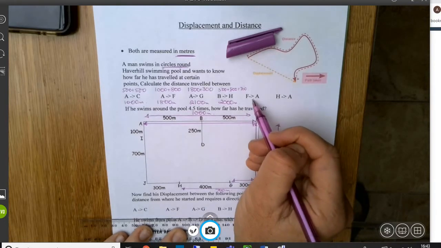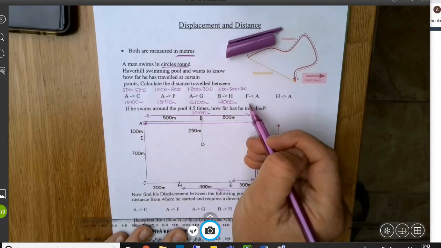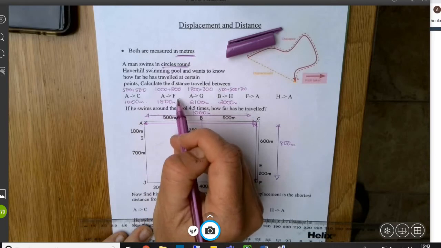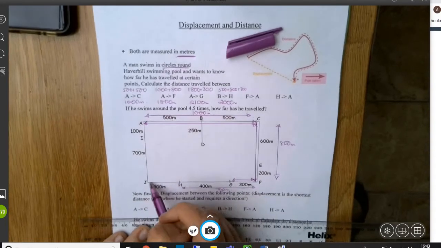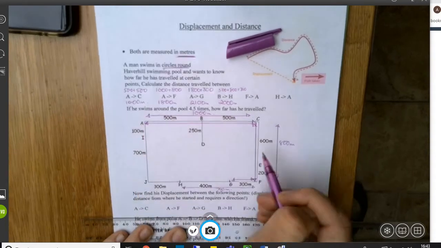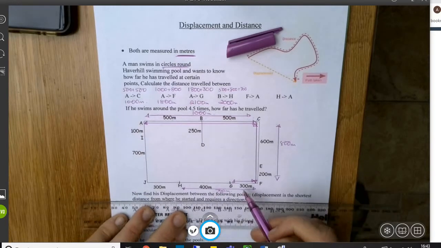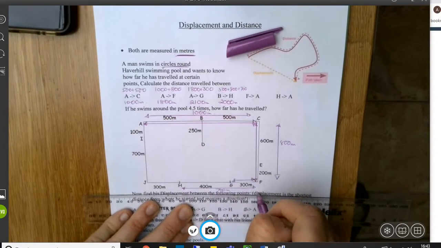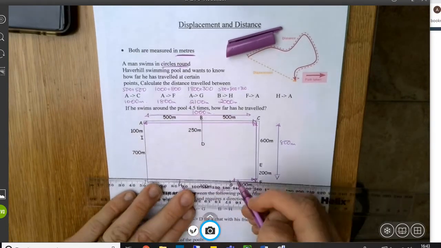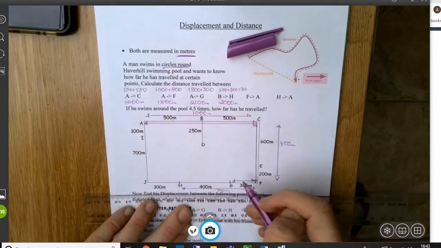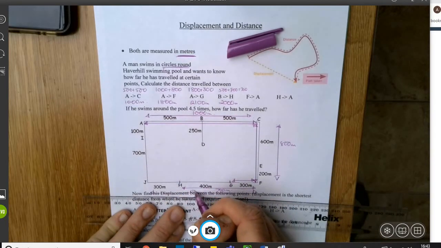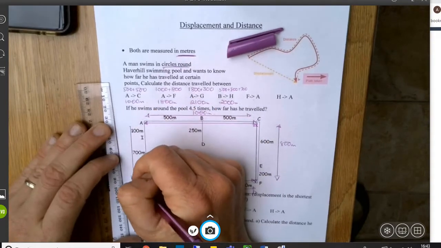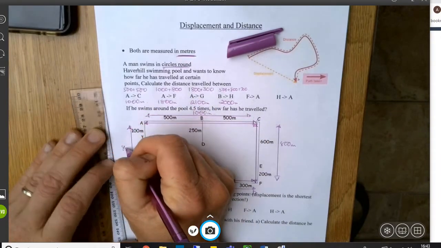Next we've got the distance from F to A. Now, it's a rectangle. We've already said that from A to F is 1,800 meters, so we would say all the way back should be the same, but we're going to check it just to be sure. So 700 plus 300 confirms that all the way across here is 1,000 meters, and 700 plus 100 up here is 800 meters.